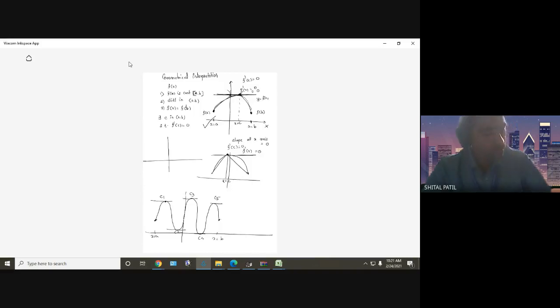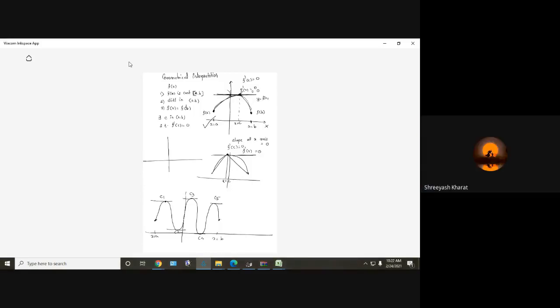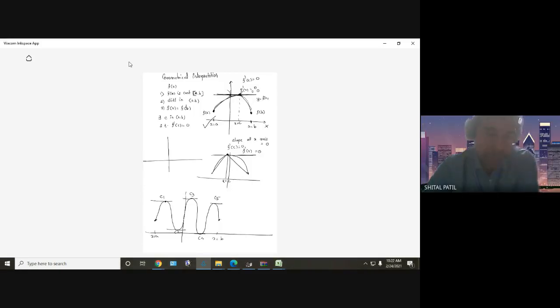Next लिखो, algebraic interpretation. This was geometrical interpretation. Okay, now write algebraic interpretation.